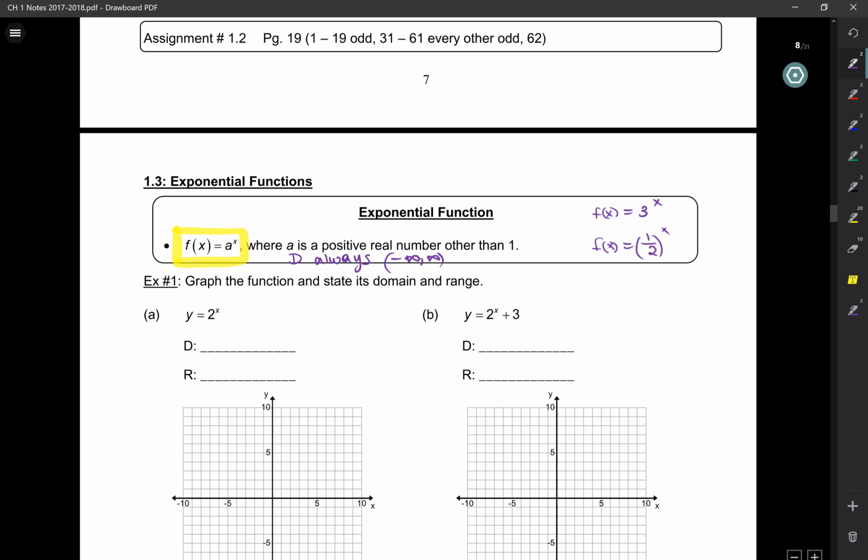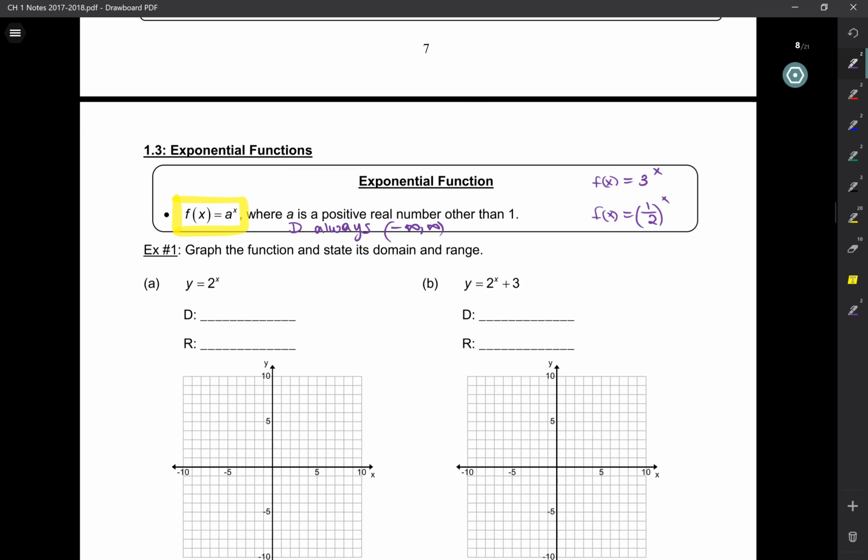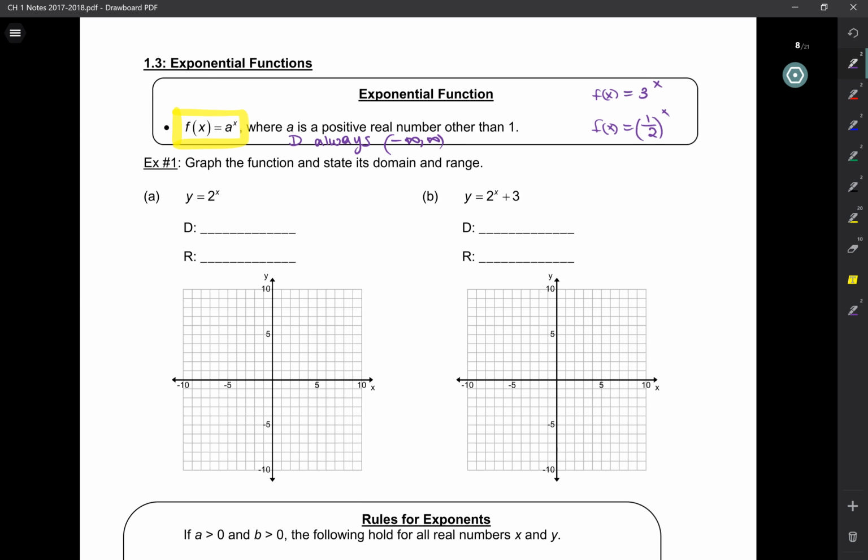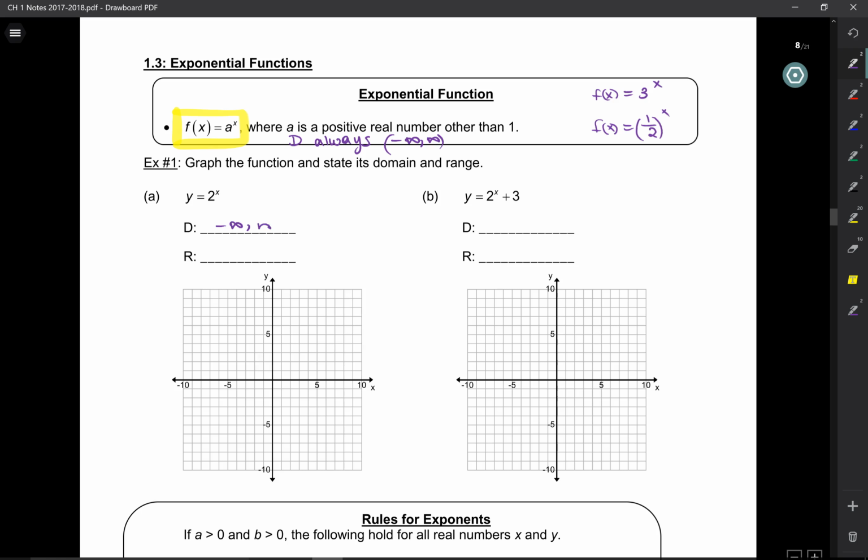Don't tell anybody, okay? So, look at this one, 2 to the x. Is that an exponential function? Yes. So what's the domain? So these are your free points.